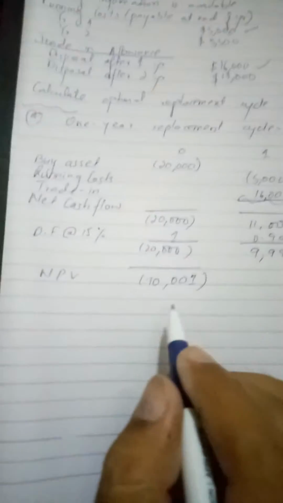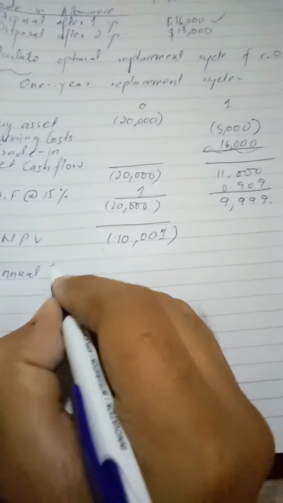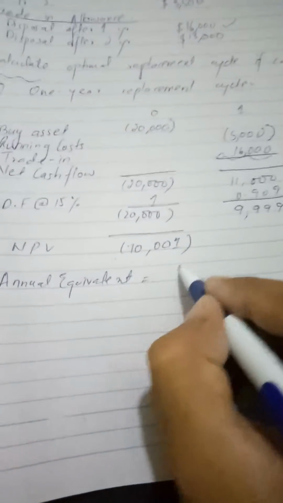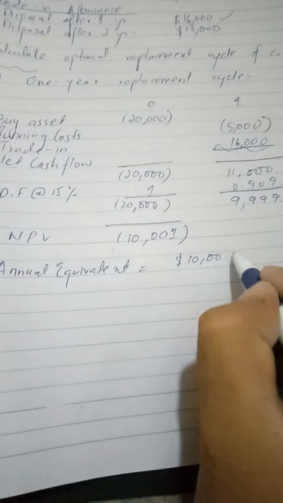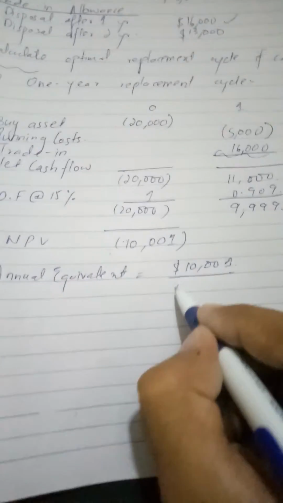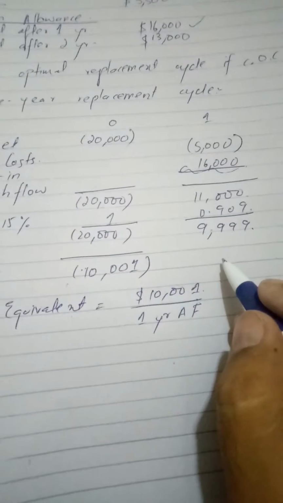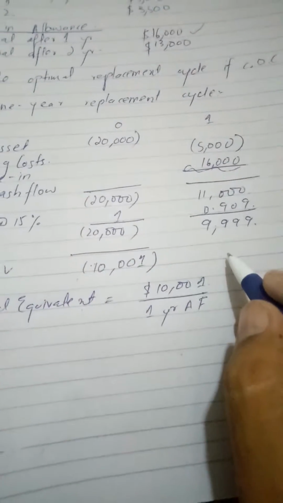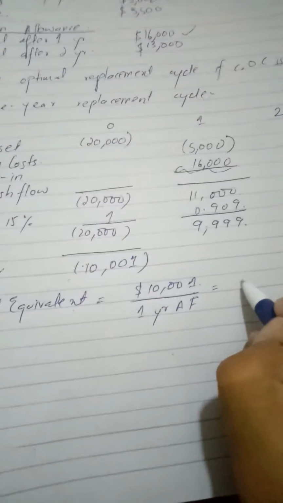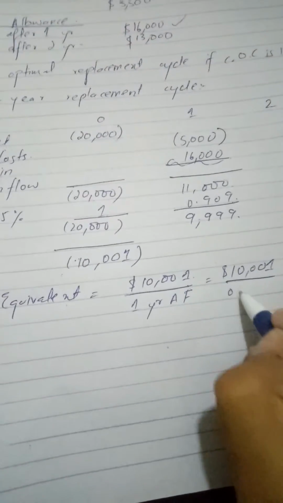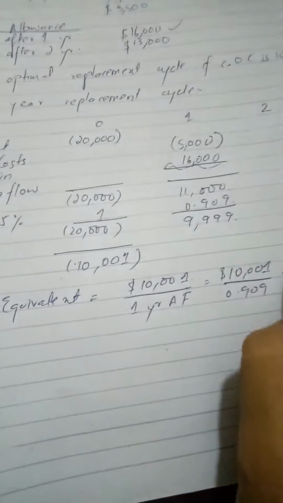Just subtracting these two, we have this NPV, and the annual equivalent is this divided by the 1 year annual factor.